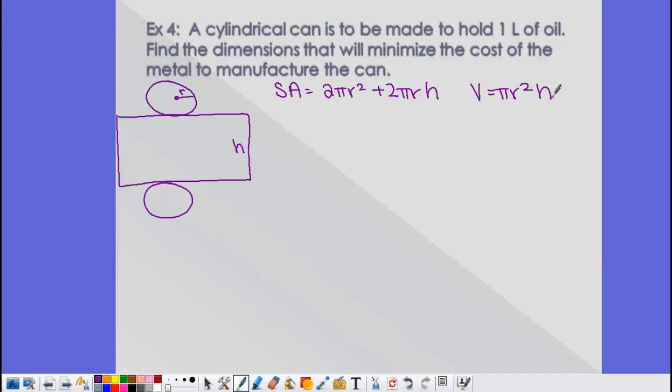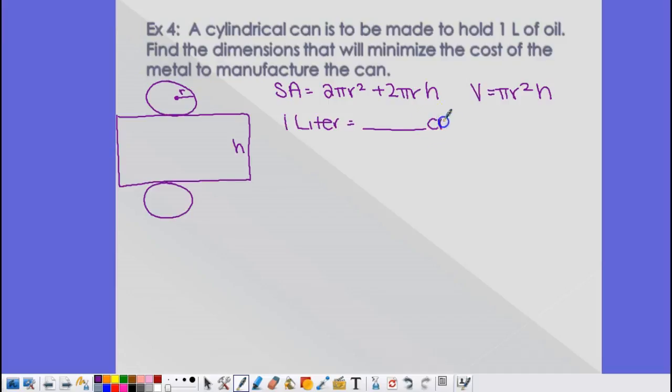What were we given? We were given that a cylindrical can is to be made to hold 1 liter of oil. That 1 liter would represent what in terms of formulas we have? Volume. Is a liter considered a length in terms of volume? No. What would we want to turn that liter into? 1 liter is equal to what in terms of actual volume that would be helpful to us?